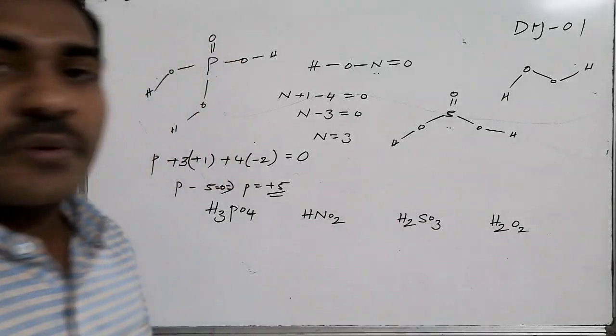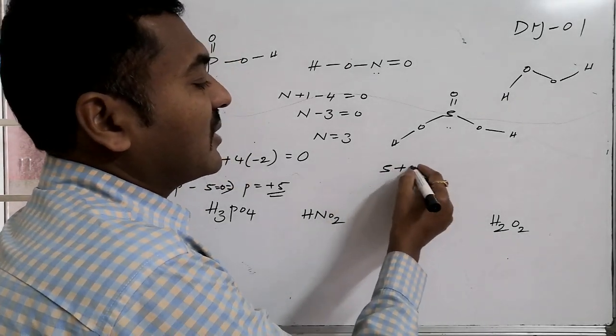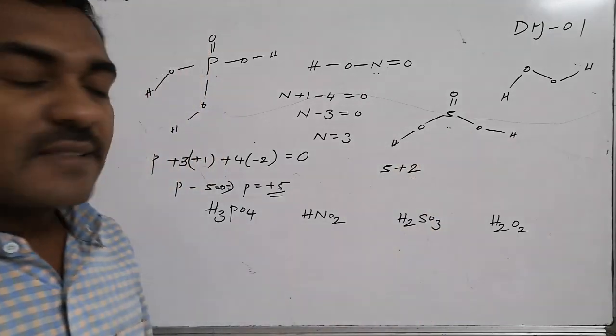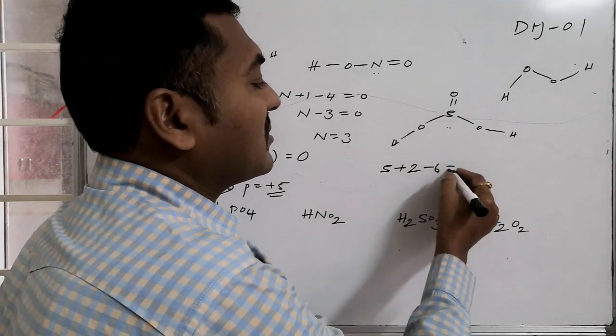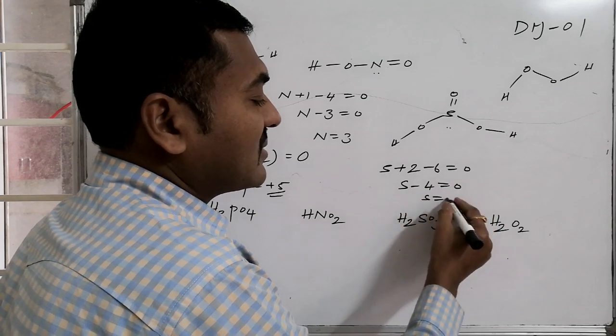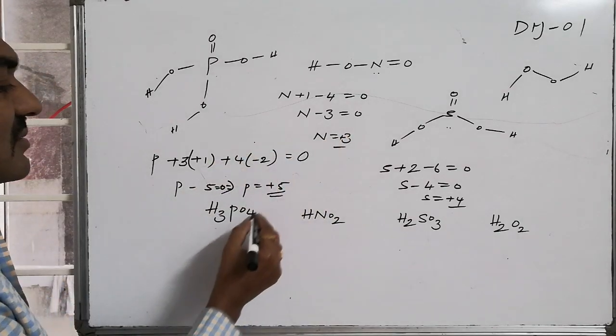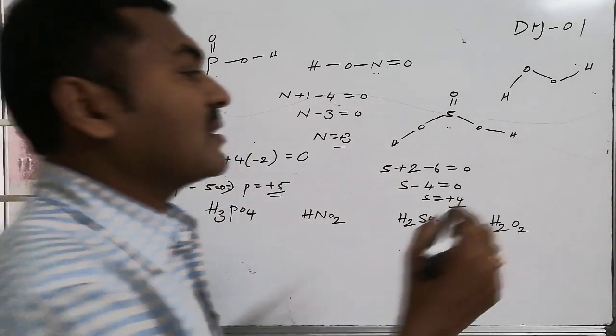If I go for sulfurous acid, H2SO3, sulfur plus 2 hydrogens, +2, as well as 3 oxygens, -6, is equal to 0. Sulfur - 4 is equal to 0, hence sulfur shows +4 as the oxidation state.